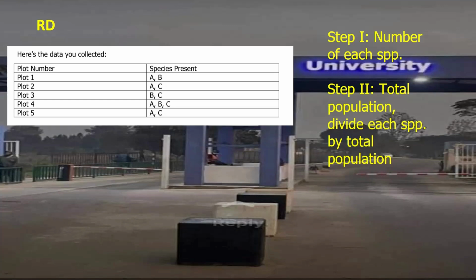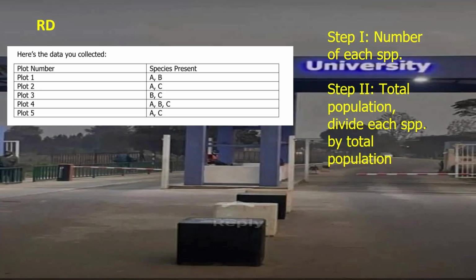And now we divide each species by the total population. Remember, we are calculating the population density. So for species A, we have 4. Relative density is equal to the population of each species divided by the total population, times 100. So for species A, it will be 4 divided by 11 times 100.